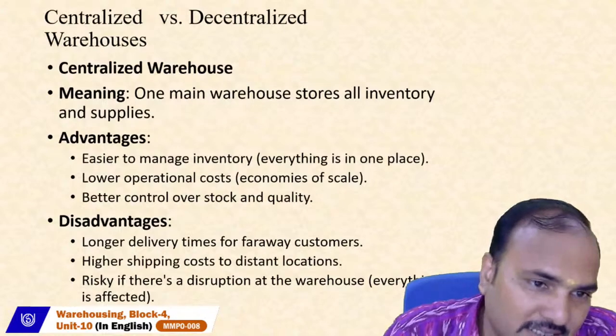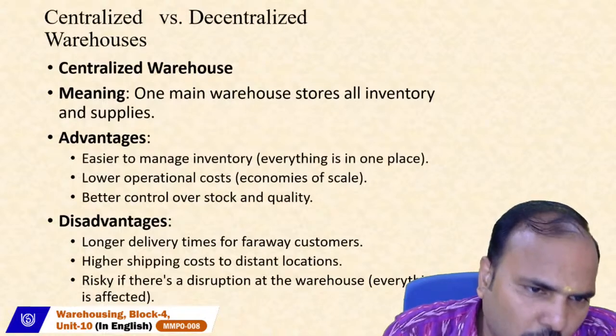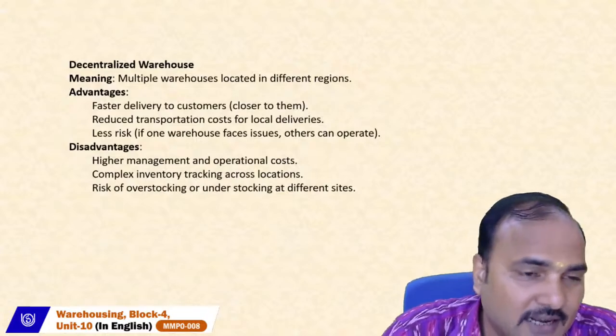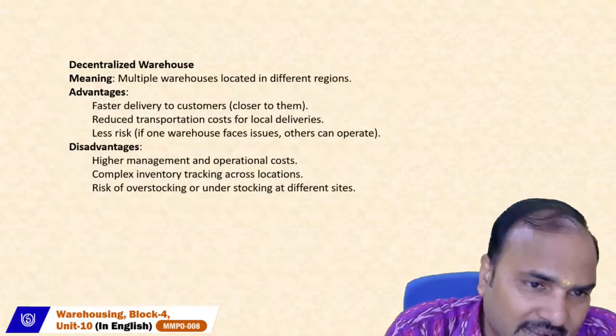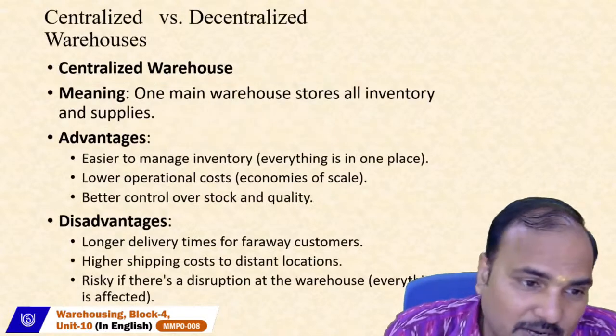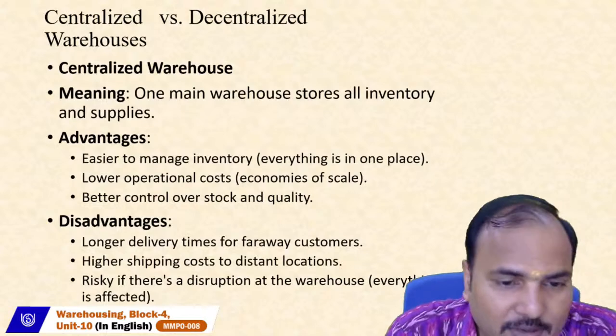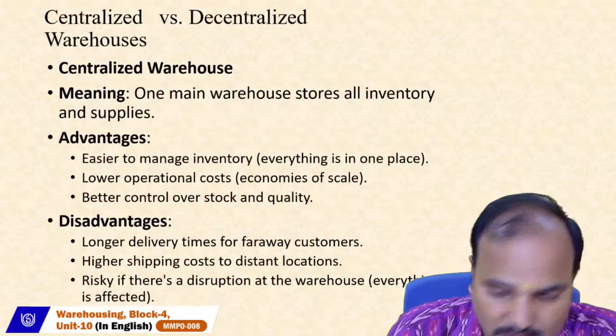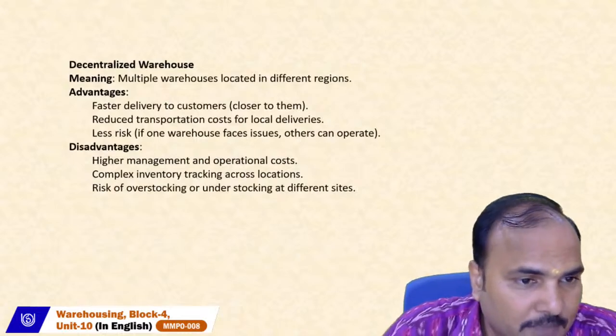From the advantage point of view, centralized has easy inventory management, lower operational cost, and better control over stock. But decentralized has faster delivery, reduced transportation cost, and less risk. From the disadvantage point of view, centralized has a longer delivery time, higher shipping cost, and risk if any disruption occurs.